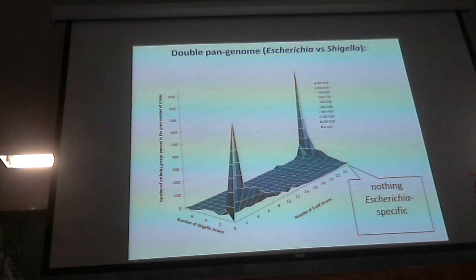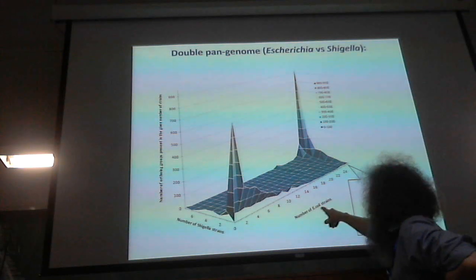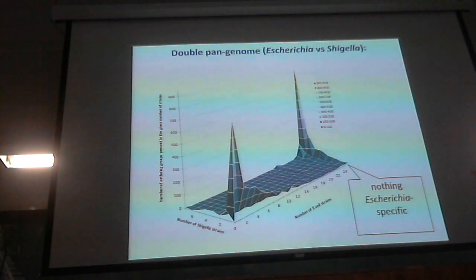When we have Escherichia on one axis and Shigella on the other axis, we see very few Shigella-specific genes, and absolutely no Escherichia-specific genes, genes that would be present in all Escherichias and absent in all Shigellas, which proves that Escherichia and Shigella are not different species.